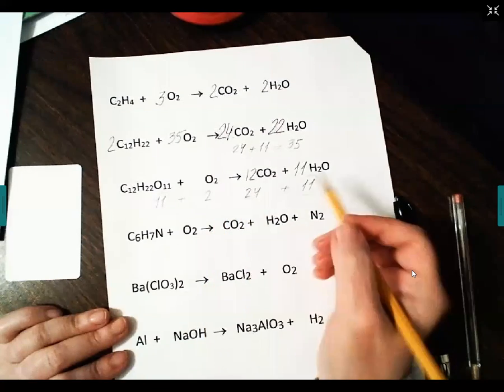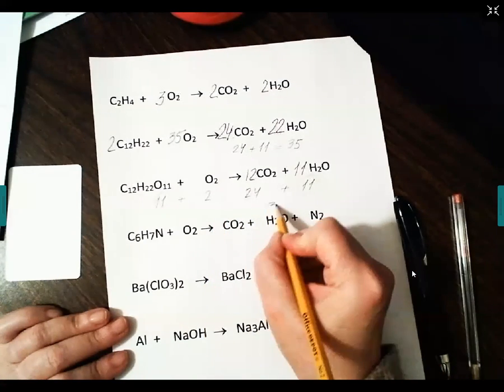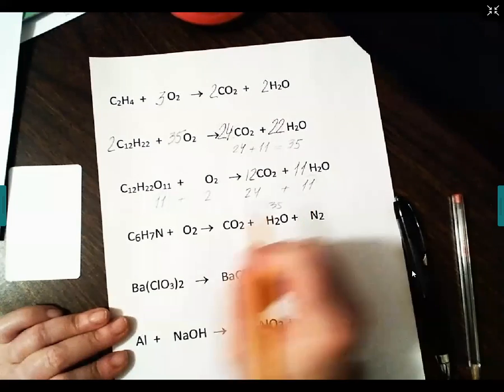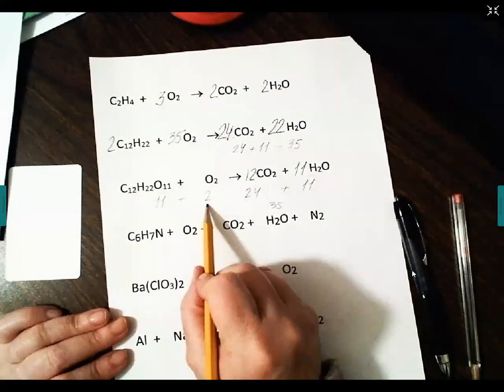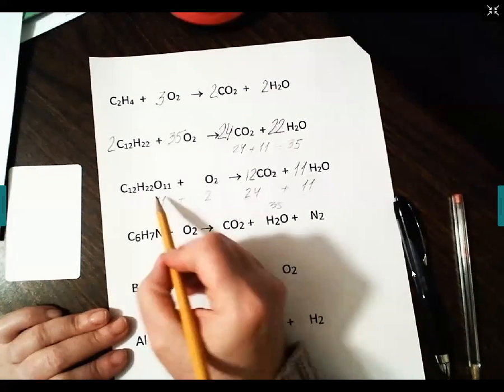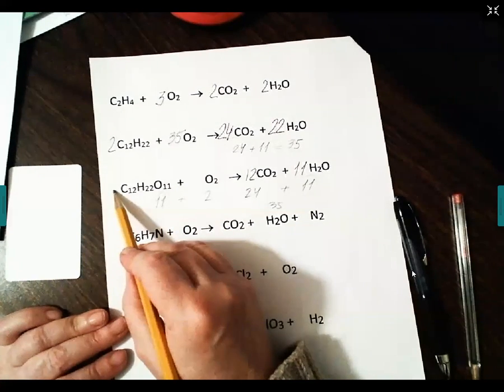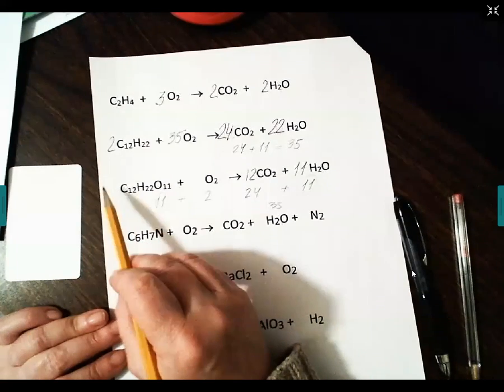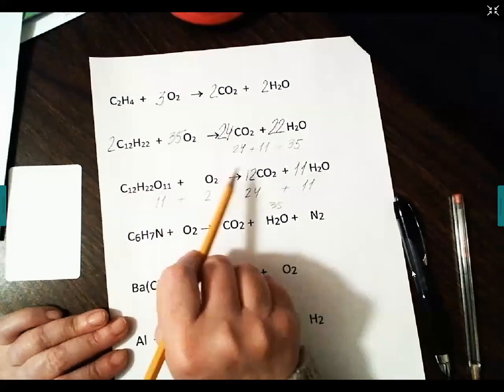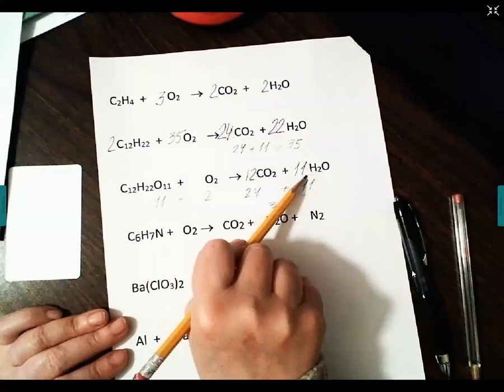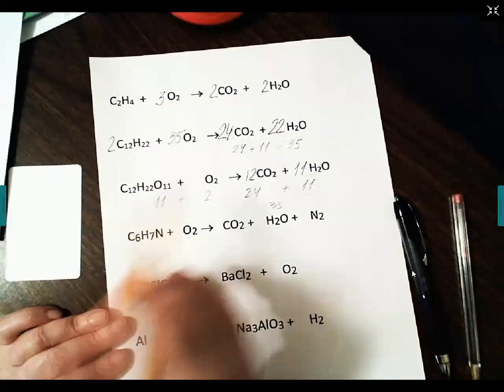In other words, we've got 35 on the right side and 13 on the left side. But we don't want to touch this. We don't want to put any coefficient here, because if we put some coefficient here, we should change this, we should change that, and it will start all over.